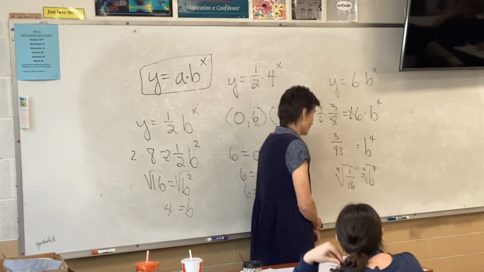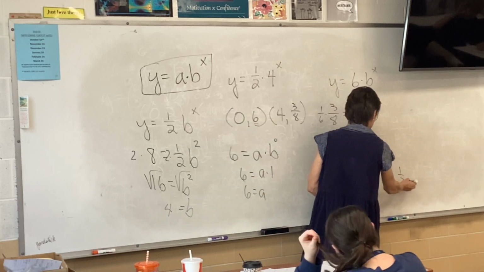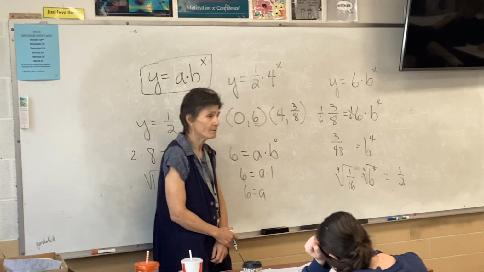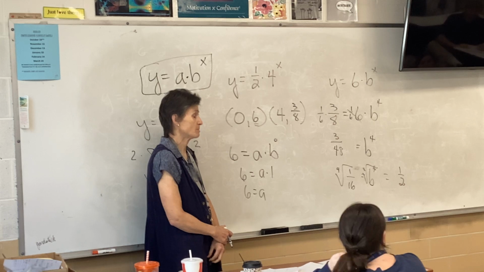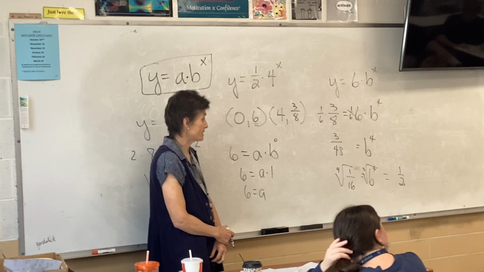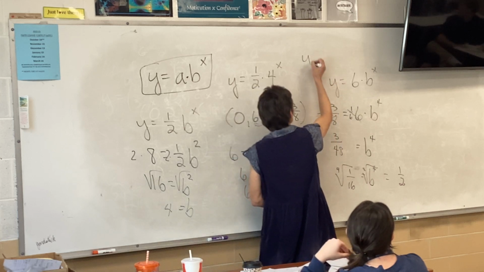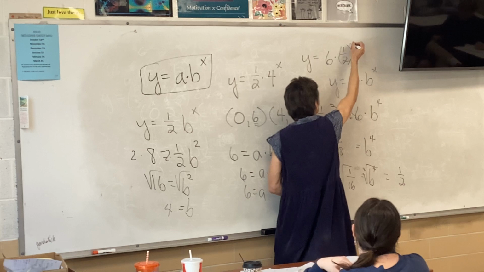The 4th root is 1/2. The 4th root of 1 is 1, and the 4th root of 16 is 2, because 2 times 2 times 2 times 2 is 16. So my answer is 6 times 1/2 to the X.